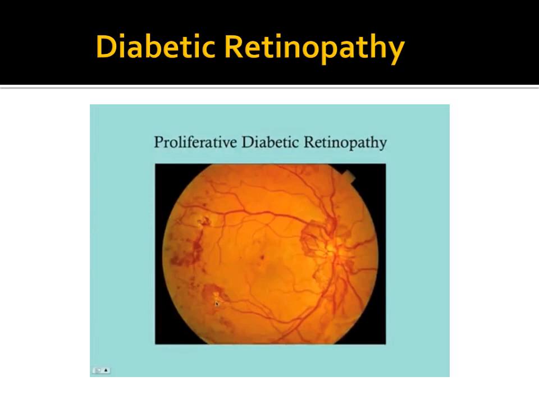See the pictures of the new vessels over the disc and the new vessels elsewhere. So these structures, you have to keep in mind while examining, and see what we are trying to see while doing the ophthalmoscopy.